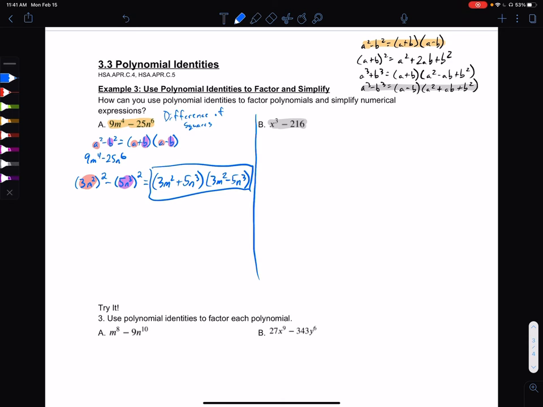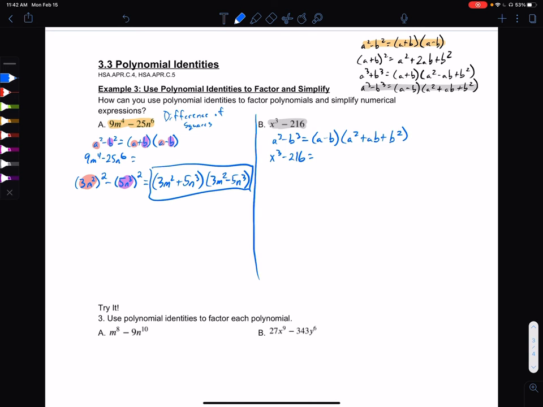So I'm going to want to use my identity: a cubed minus b cubed is equal to a minus b times a squared plus ab plus b squared. And as before, I need to make sure that my expression is actually in a cubed minus b cubed form. So I have x cubed minus 216, and clearly that is not yet in a cubed minus b cubed form.